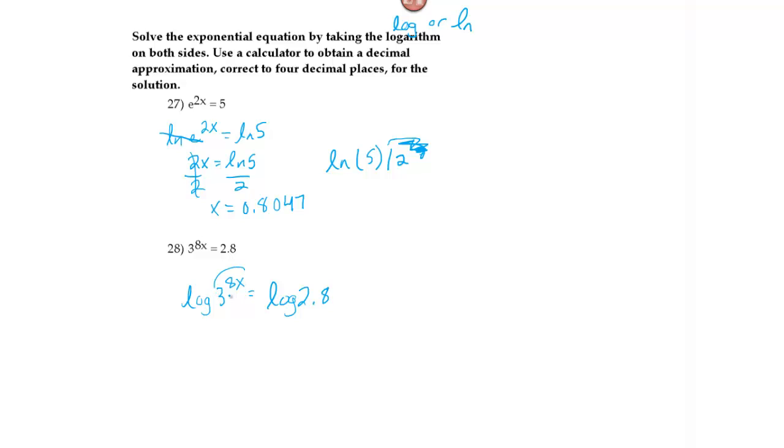Well, I'm allowed to use the power rule to move the 8x in front of my logarithm, so that I have 8x log of 3 equals log of 2.8. Well, in order to get x by itself, what I need to do is divide by 8 and by log 3.